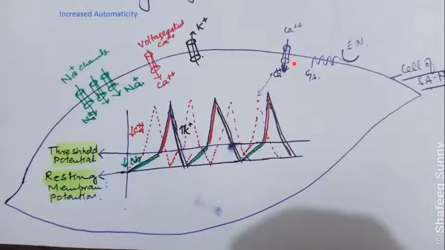This added calcium which comes into the cell helps the cell to move towards the threshold more rapidly, and there is more frequent production of the action potential.